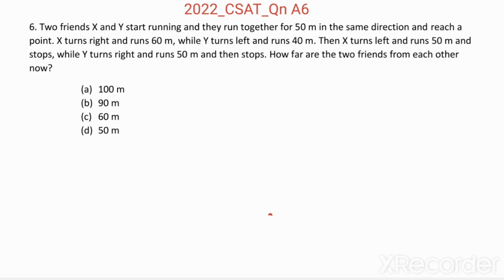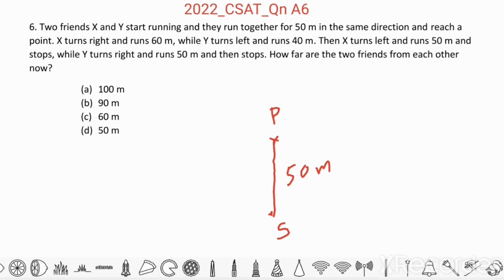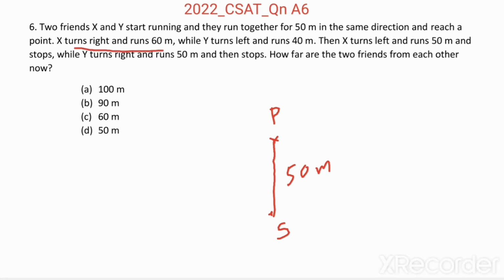They start from the same point, take it as S, then they run in the same direction for 50 meters and reach a point, take the point as P. Then from P, X turns right and runs 60 meters.